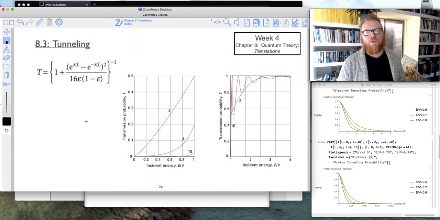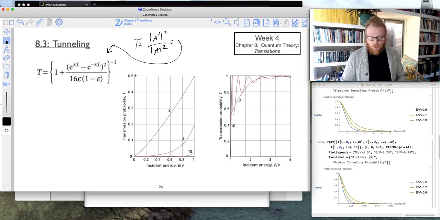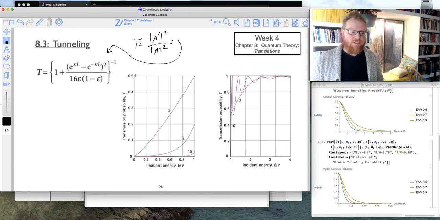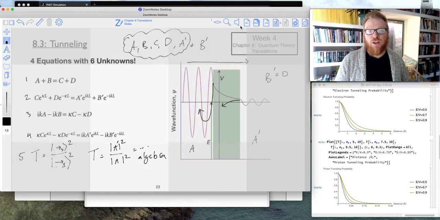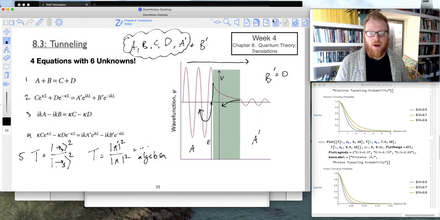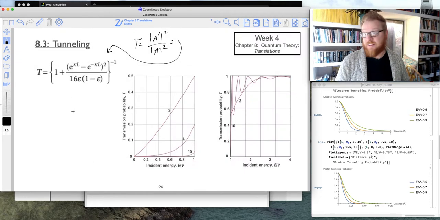I'm not going to require you to do this algebra, but this comes from, I'll rewrite that again, A prime squared over A squared. When we do the algebra and plug in those equations, using the wave functions, we get this equation.